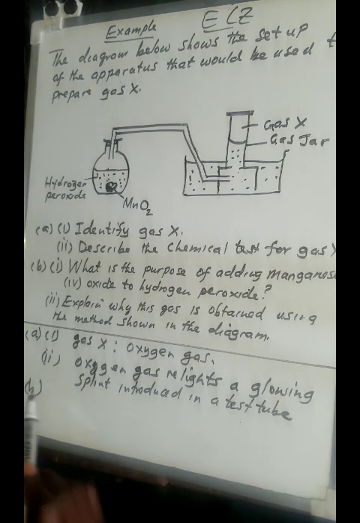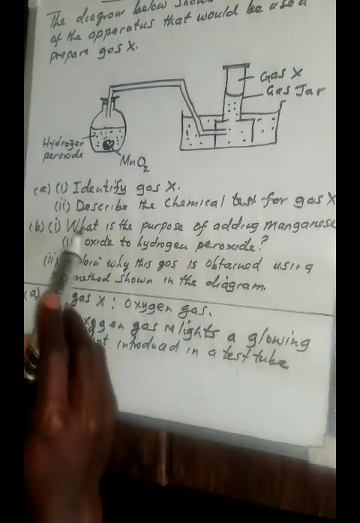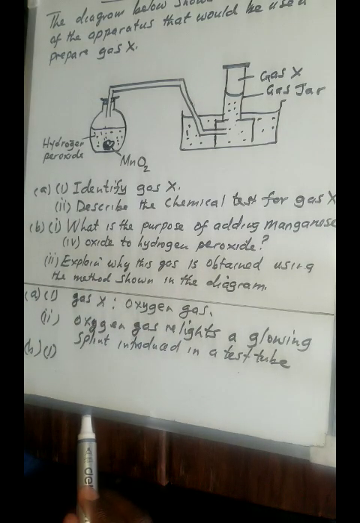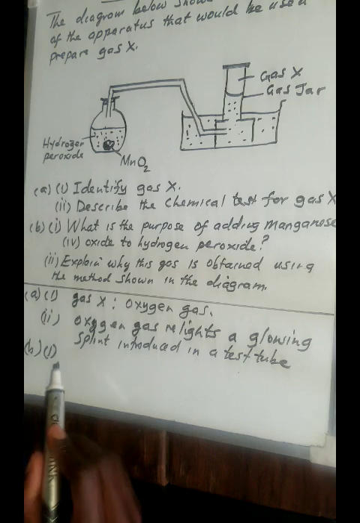Let's move on to the B part. I hope we are together. B1 there says, what is the purpose of adding manganese 4 oxide to hydrogen peroxide?